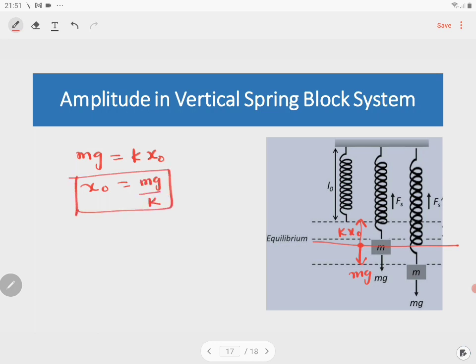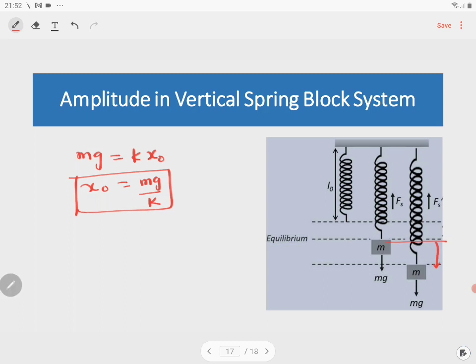When you release the block slowly, it comes to equilibrium. But suppose instead of releasing slowly, you suddenly release the block, then the block will go beyond its equilibrium position. When the block goes beyond its equilibrium position, then it will execute SHM actually. Again, I will repeat this concept.